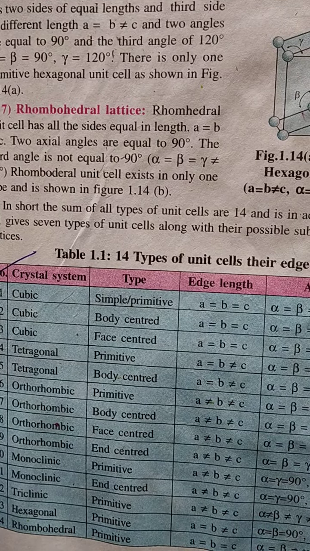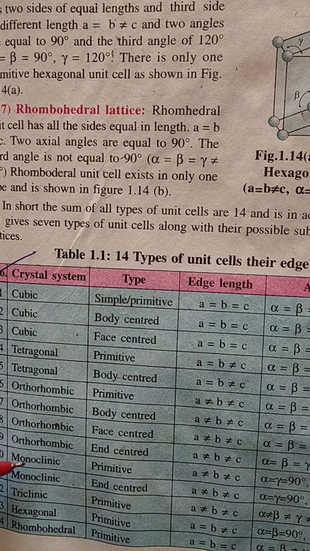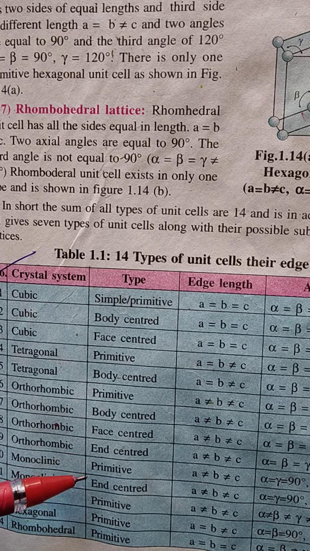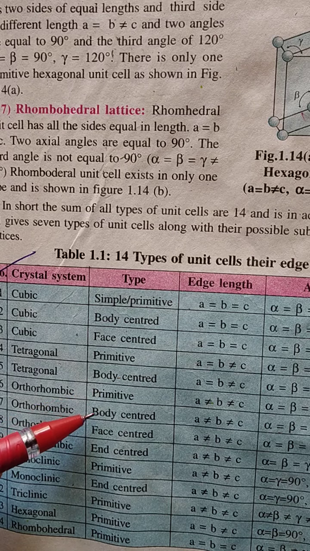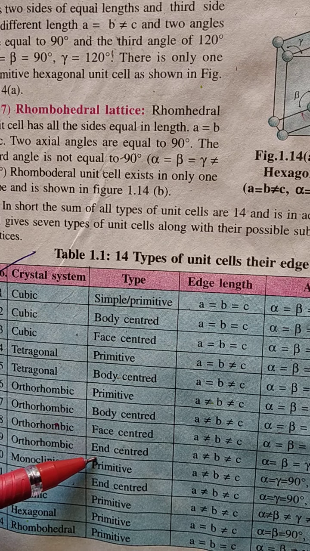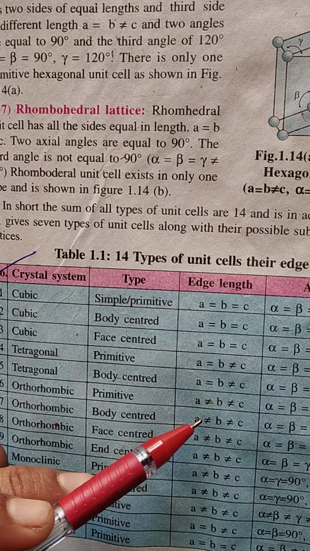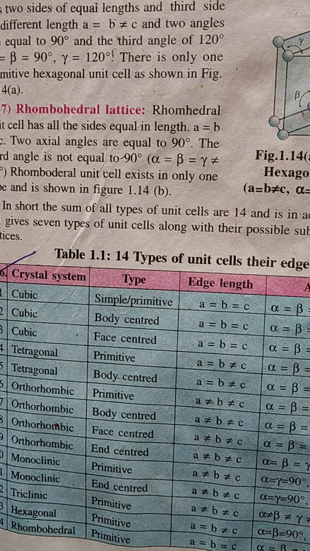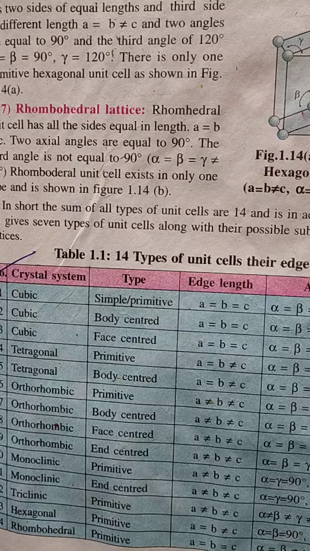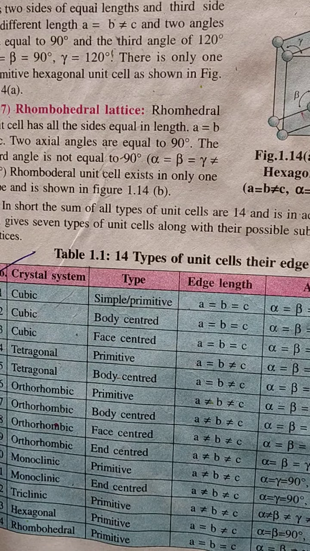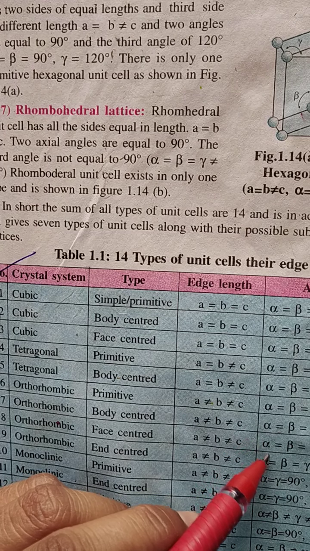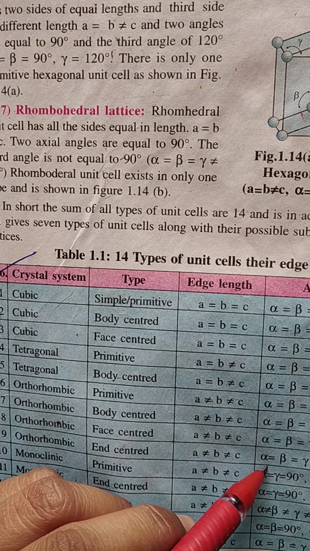The next one, orthorhombic. Orthorhombic has four types: primitive, body center, face center, end center. Here A is not equal to B is not equal to C. In orthorhombic, all edge lengths are not same, and bond angles in this case are all 90 degree here.